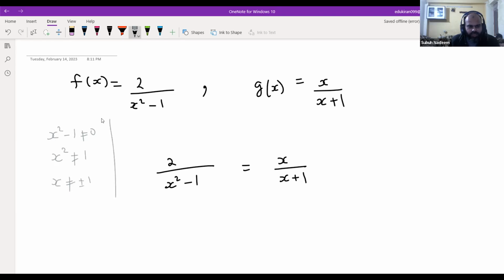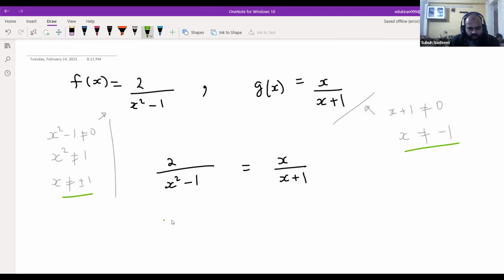Here, the denominator is x plus 1, which should not be equal to 0, so x should not be equal to minus 1. Overall, x should not be equal to 1 and minus 1.